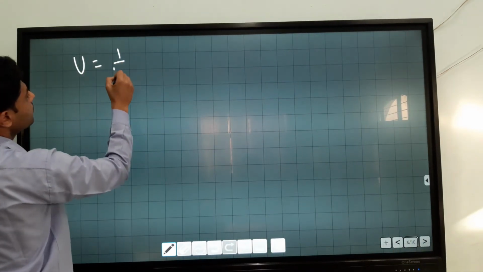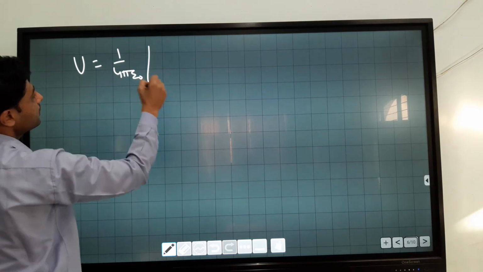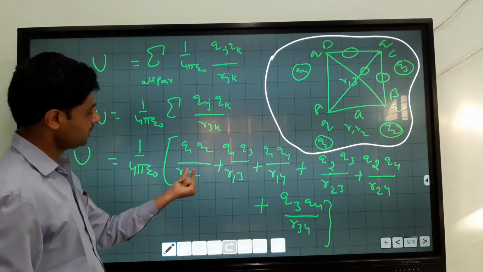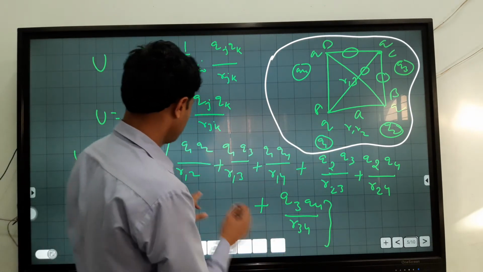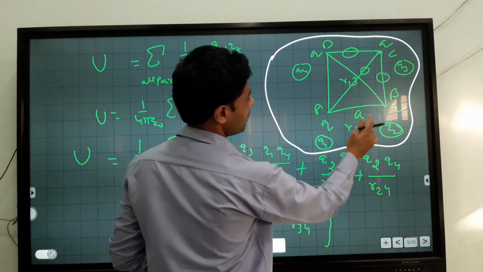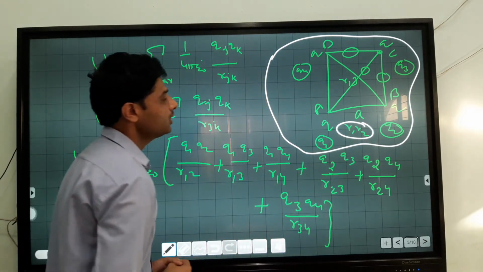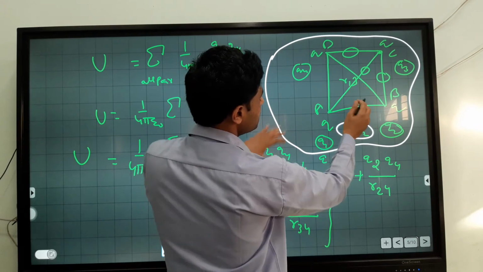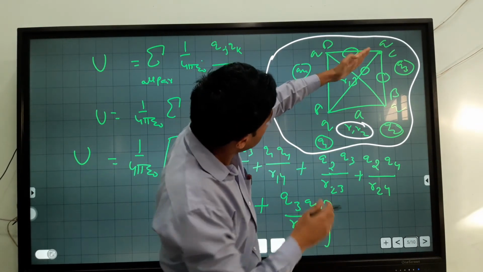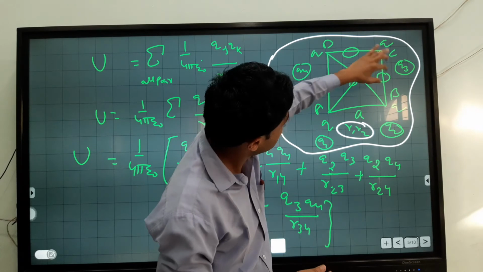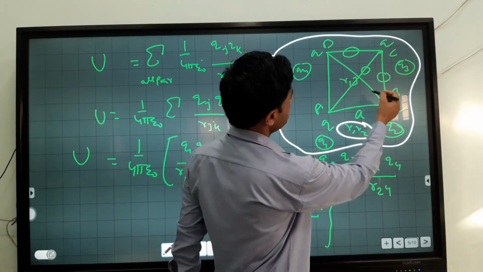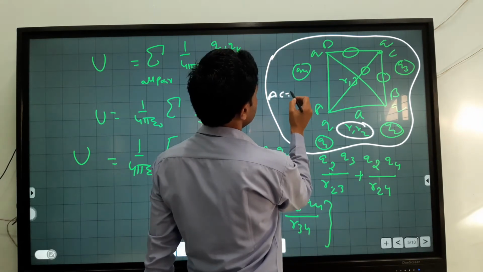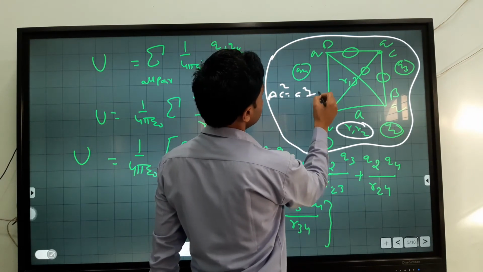U equal to 1 upon 4 pi epsilon naught, Q1 Q2, that is Q square, and the distance is A. For R1 3, the distance is the hypotenuse of point A and this point, and AC square equals A square plus A square.